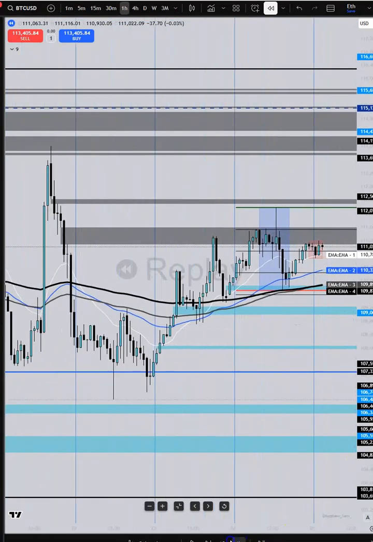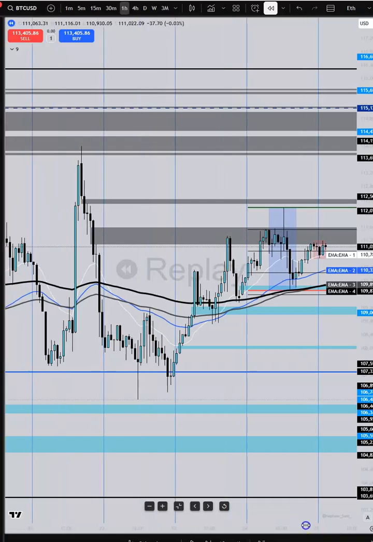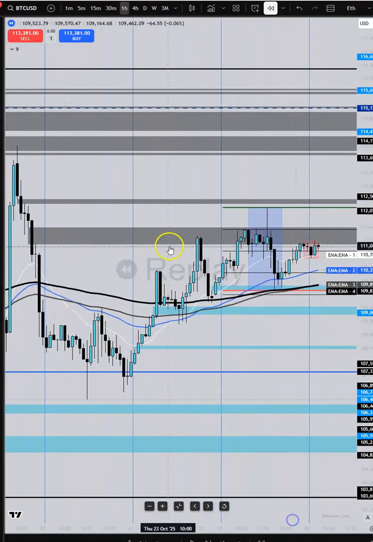What I want to see also on the hourly chart, along with previous day high, low, FVG, EMA, I like to see the market structure. As you can see here, we have a clear break of structure, market structure shift here.